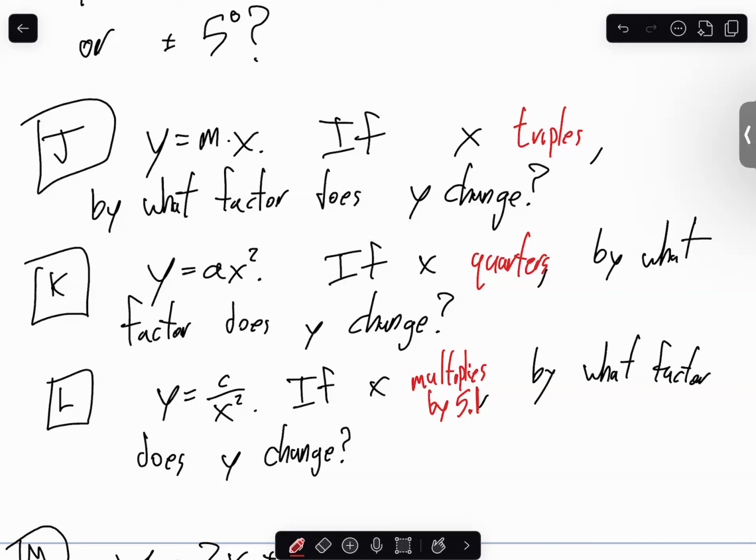I want a single number. Please do not type out "two." Give me the numeral 2 if you think something doubles, and so on. If something quarters, don't tell me "quarters" or however you spell it. Tell me 0.25.